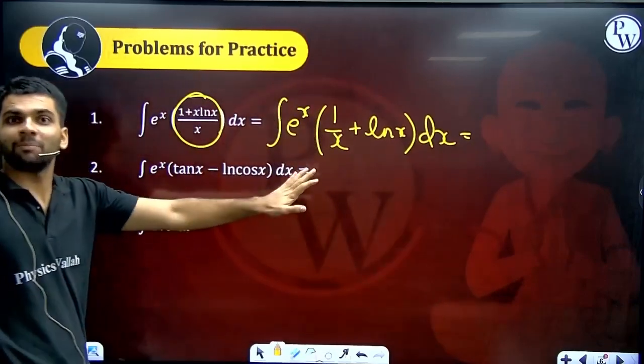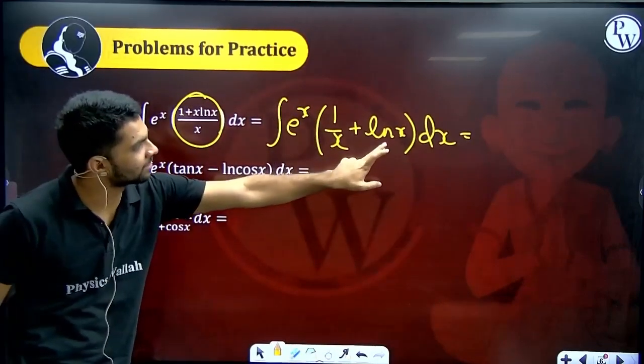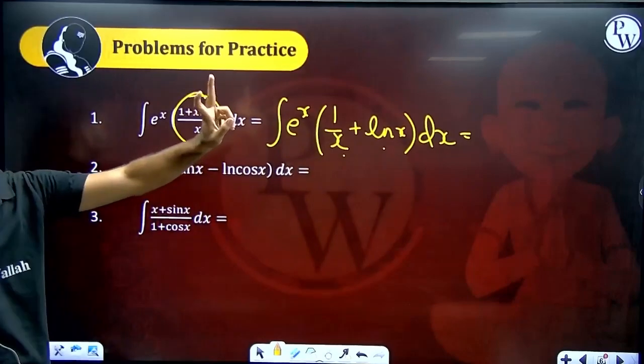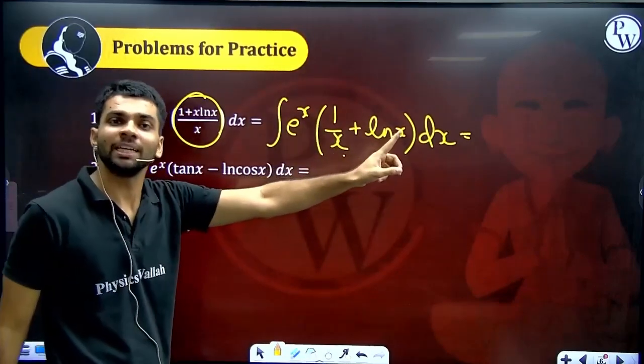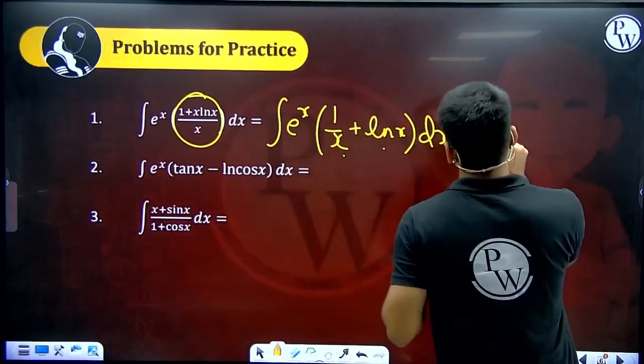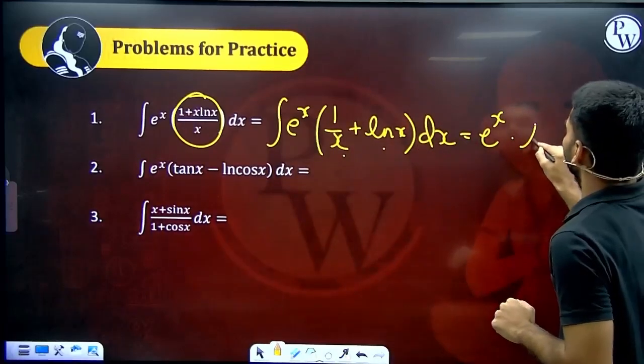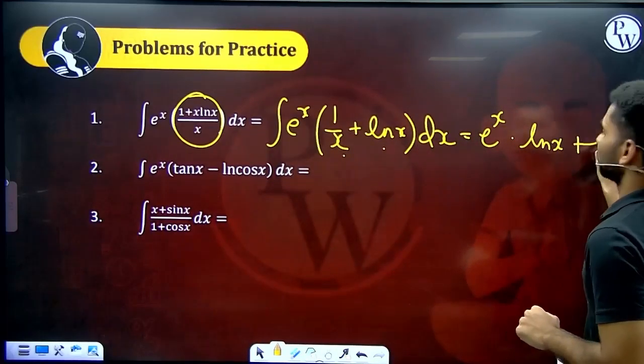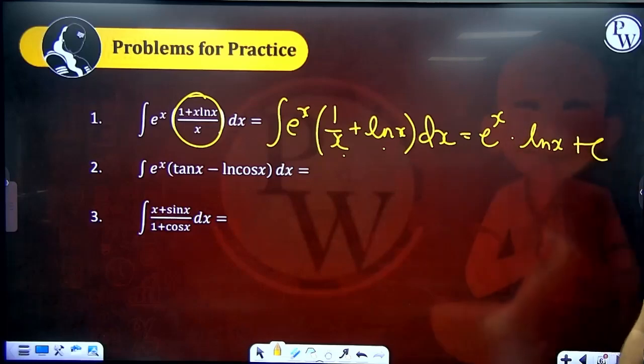Have you observed the pattern? f of x plus f dash x. So integration of it will be e to the power x f of x plus c, e to the power x f of x plus constant of integration.